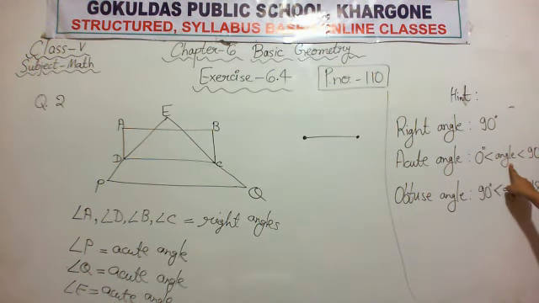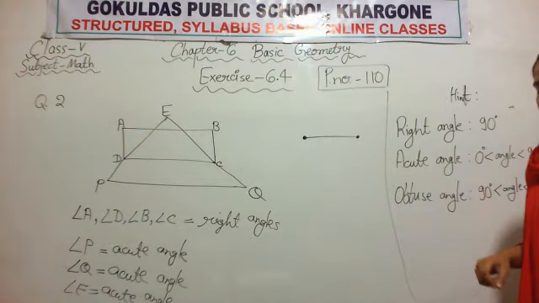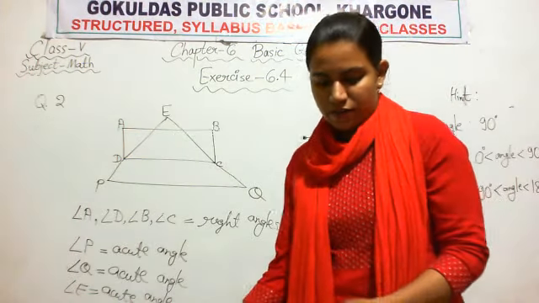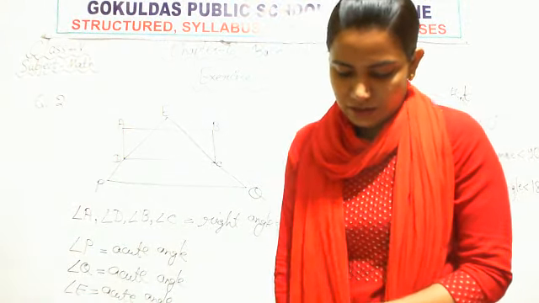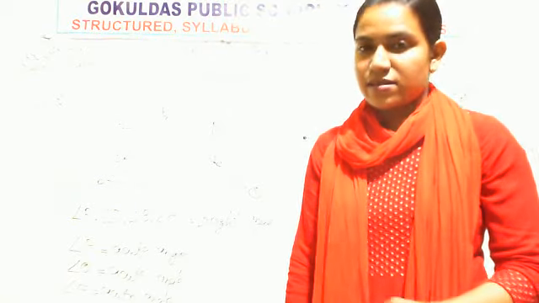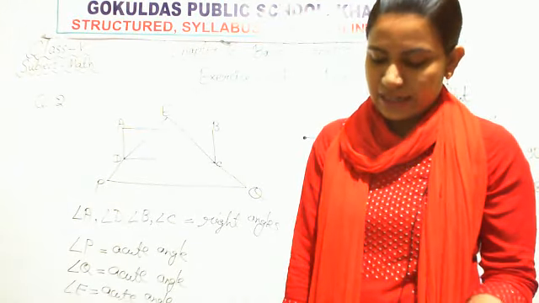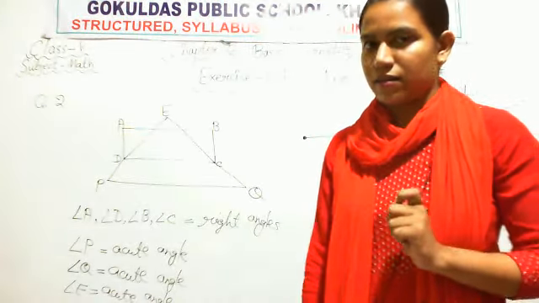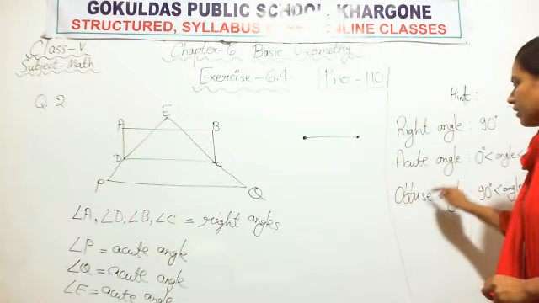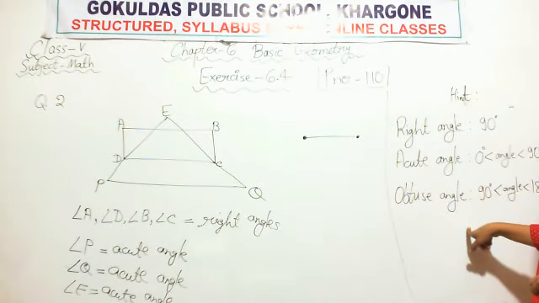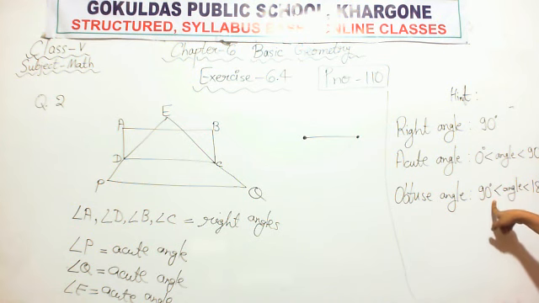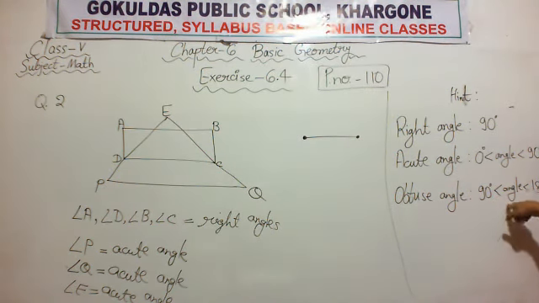Less or more? Less. So an acute angle is always less than a right angle. Next, an obtuse angle measures more than 90 degrees and less than 180 degrees.